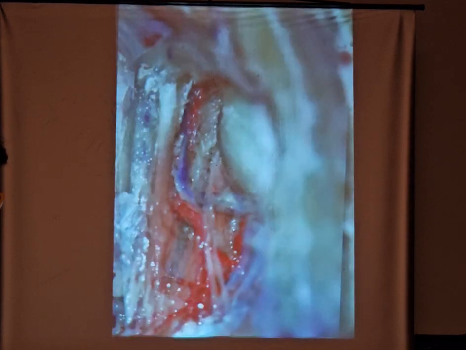To see this artery, we have to separate the superior oblique muscle from the medial rectus muscle, and we can guess that we have here the posterior ethmoidal artery, and here the anterior ethmoidal artery reaching the anterior and posterior foramen.